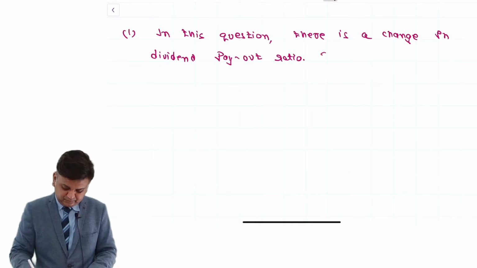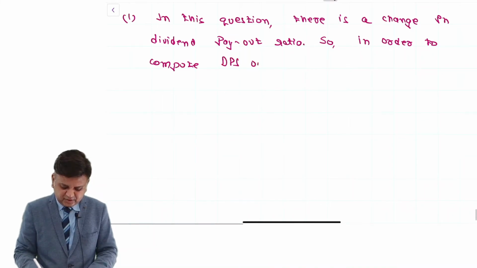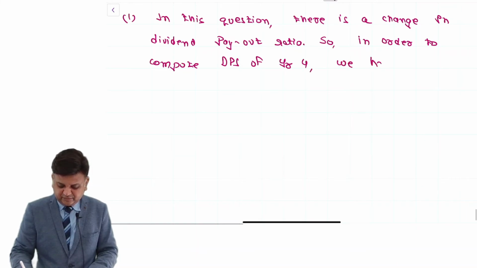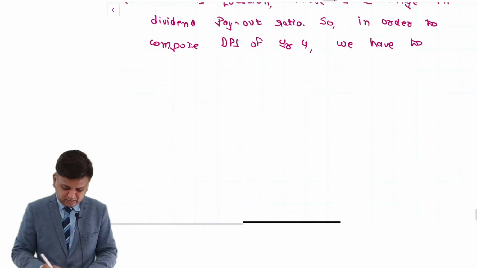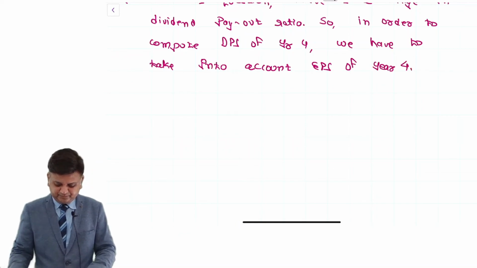So in order to compute DPS of year 4, comma, we have to take into account EPS of year 4. Full stop.